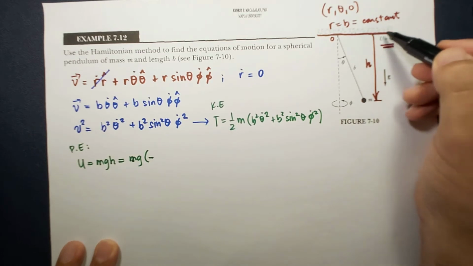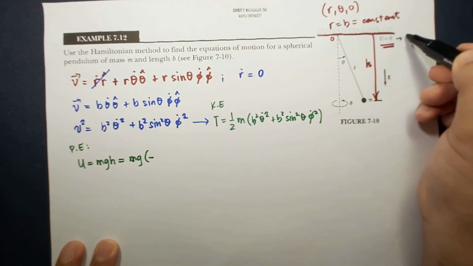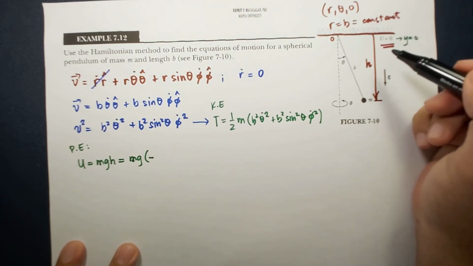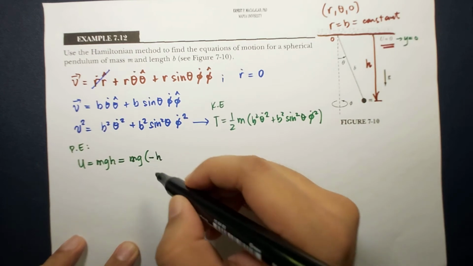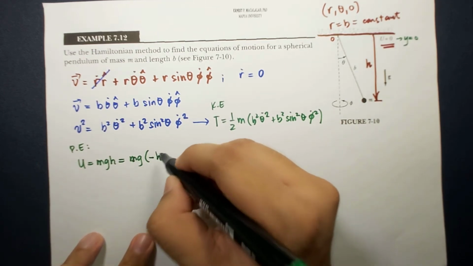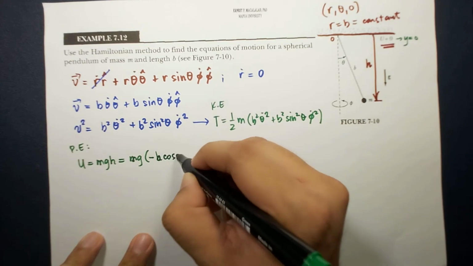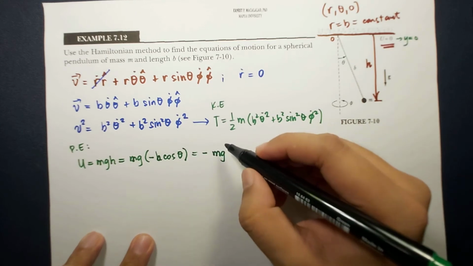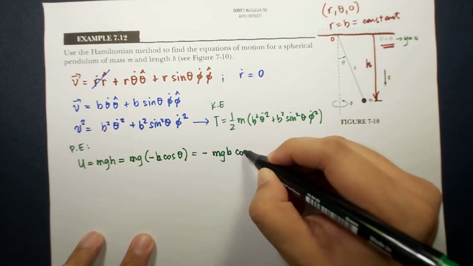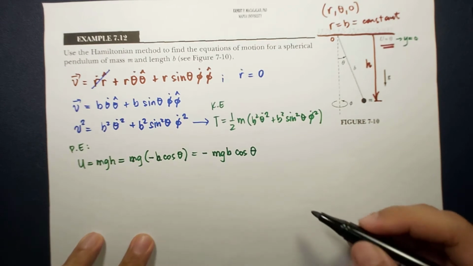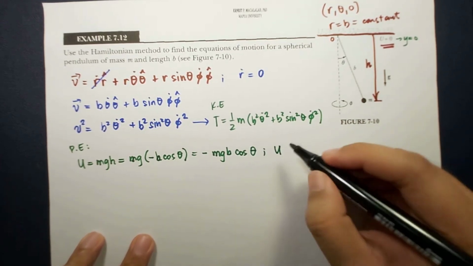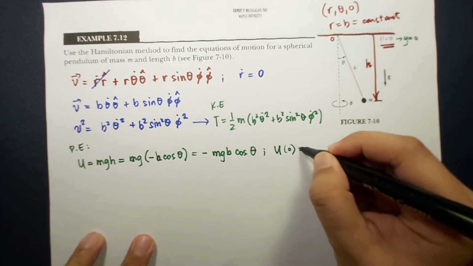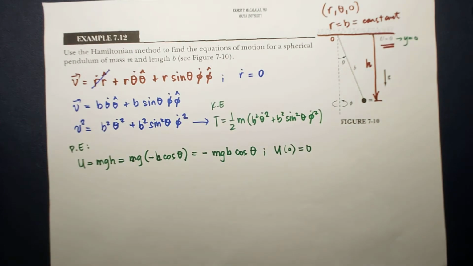This is where the potential energy is 0, so y is equal to 0, or h is equal to 0 here. So h is negative b cosine theta, and U is negative mg b cosine theta. Here we take note that U at height 0 is equal to 0.